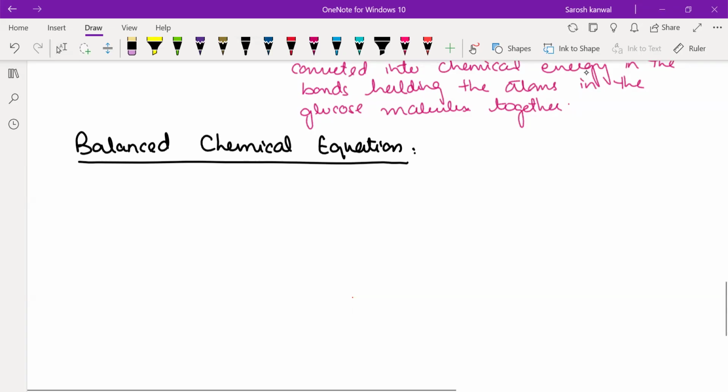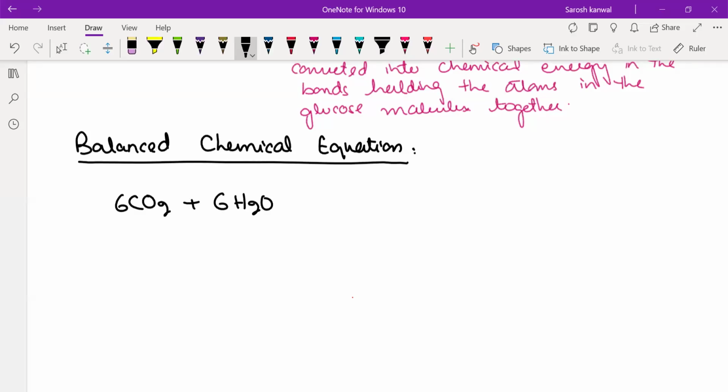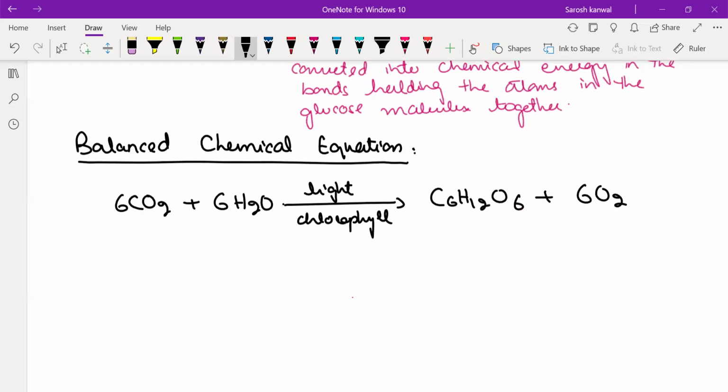So the balanced chemical equation is 6 CO2 plus 6 H2O in the presence of light produces glucose, that is C6H12O6 plus 6O2.